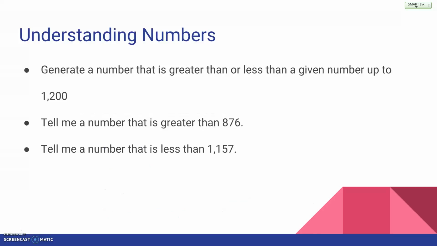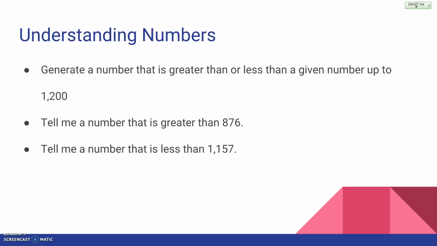We also need students to understand the magnitude of numbers and to be able to compare them and generate a number that is greater than or less than a given number. And their range of number is up to 1,200. So for instance, you might ask your student, your child, to tell you a number that's greater than 876. And there are a lot of different responses they could give because there are a lot of numbers greater than 876.